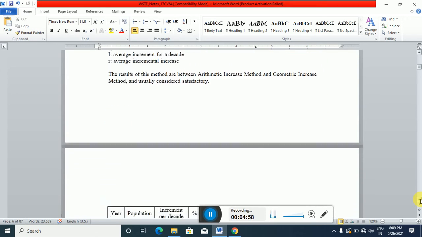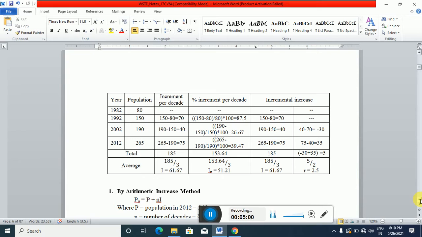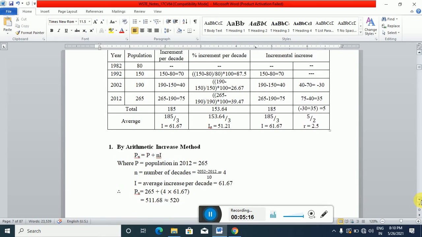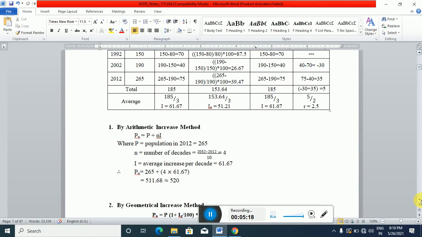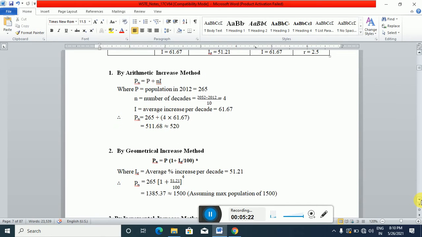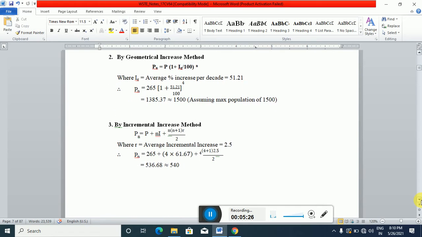So here let us solve one problem. Here the year is given and the population is given, so we have to estimate the population after the nth decade. This is the question, that we have to estimate the population by different methods.